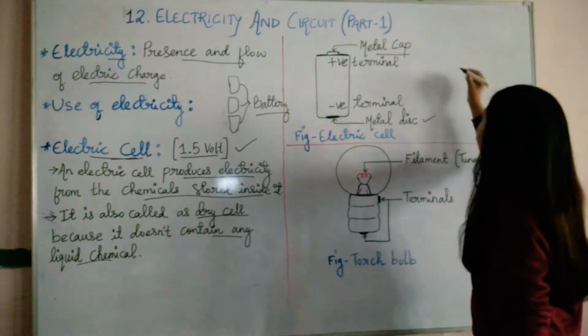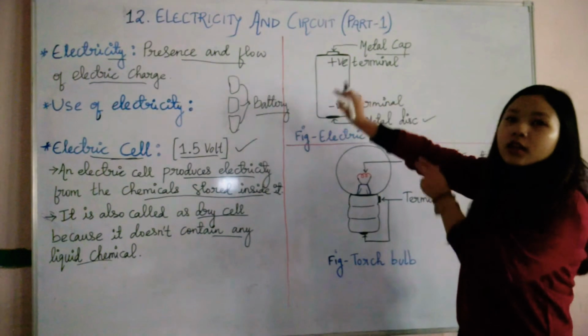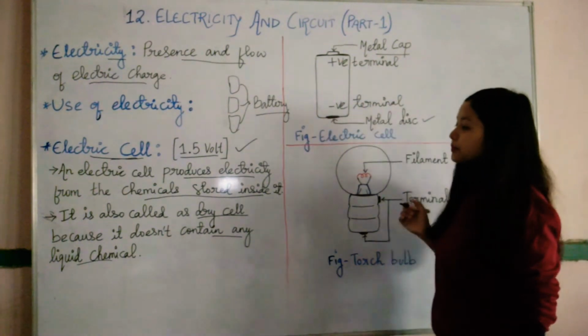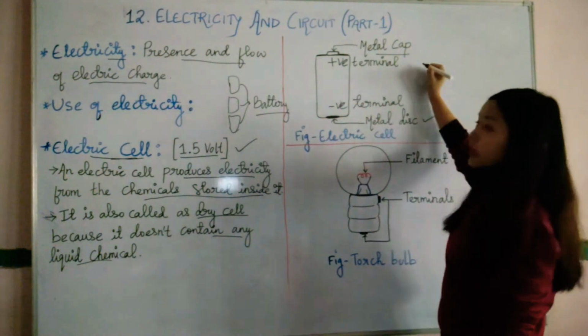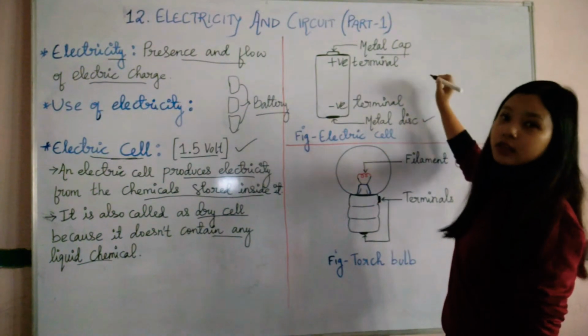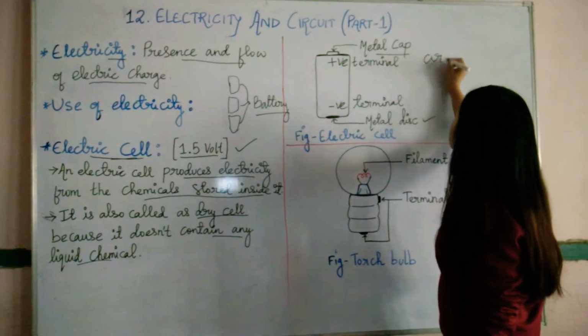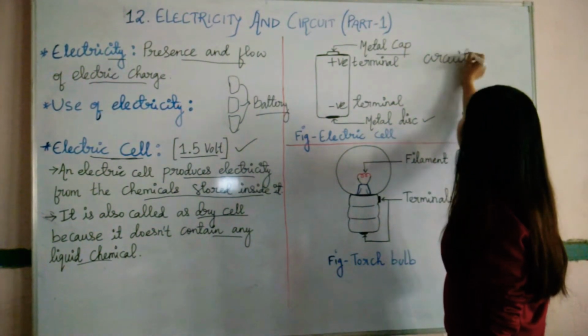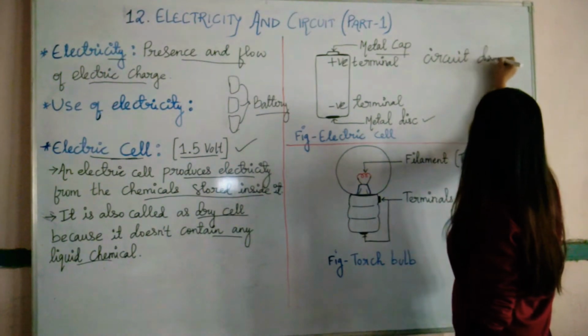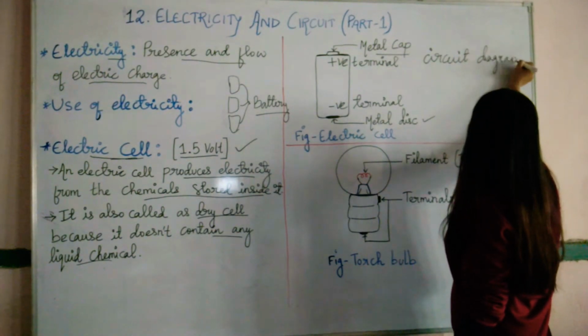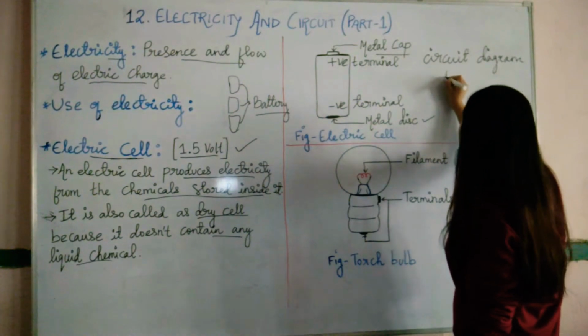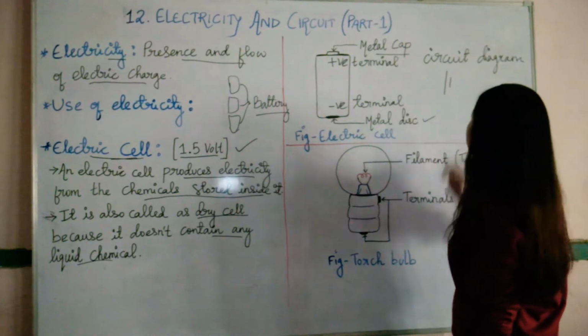First, if this is one cell, the circuit diagram for an electric cell is like this.